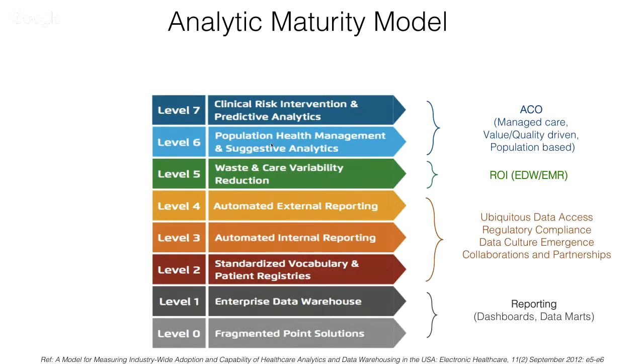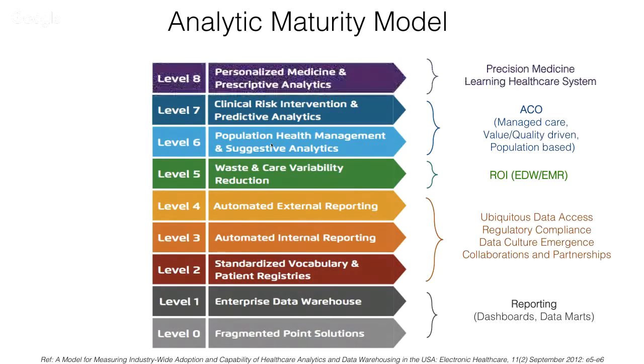And the underpinnings of all of those are these kinds of infrastructure that we need to create. And of course, these days, everybody is talking about learning healthcare systems, precision medicine, which is application of linked open data and genetics in making personalized interventions at the individual level.